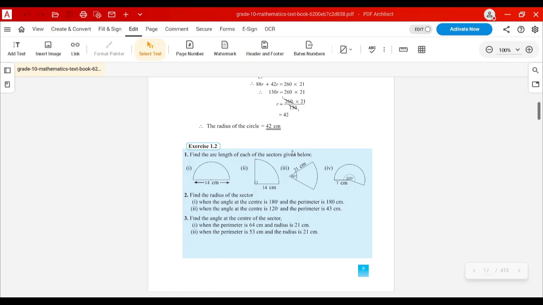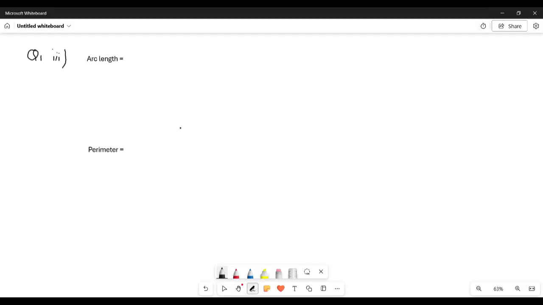Right. So now for the third one, in here we have been given an angle value. That means in our formula, we have to replace theta with the 60-degree angle, right? So shall we do that? So we have now 60 degree over 360 in our arc length formula.